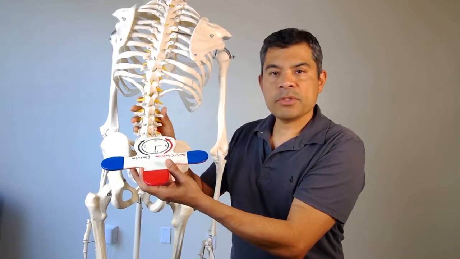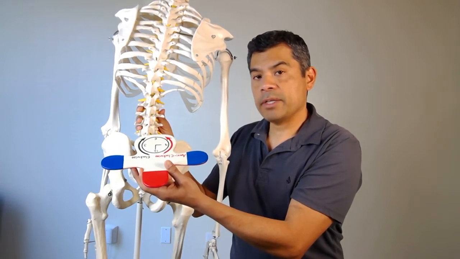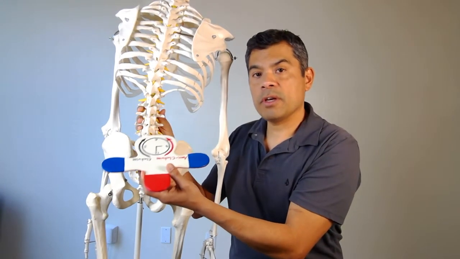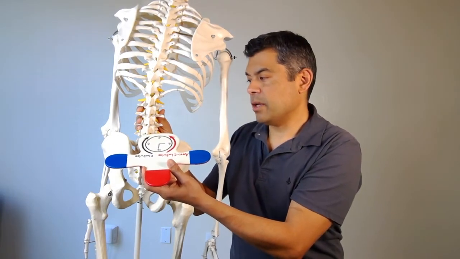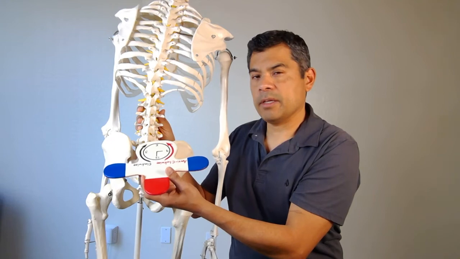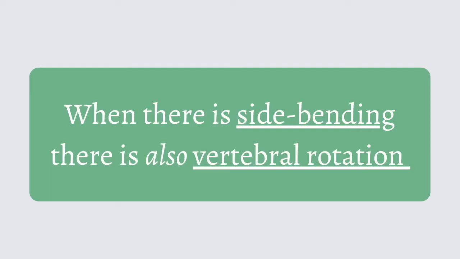So when Mr. Otto side bends to either his left or his right, there will be rotation of the vertebra. That's one of Fryette's laws, and it's one of the ones that we're going to really cover today. So again, to reiterate, when there is side bending, there is rotation.